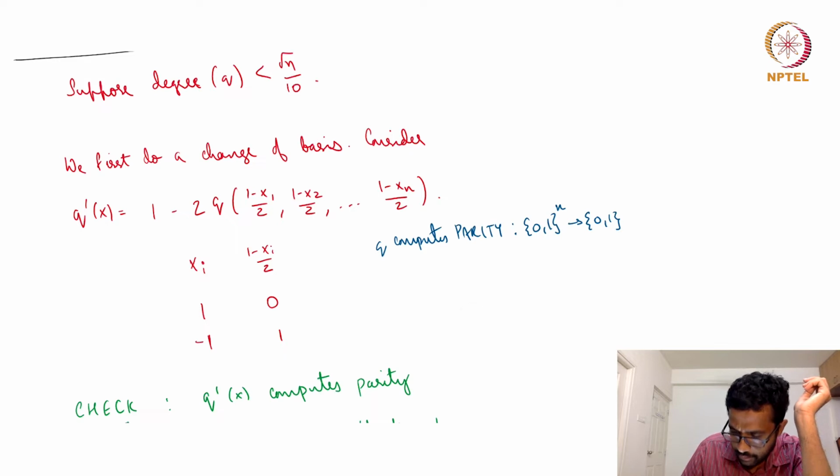Now the claim is that Q prime computes parity on {-1, +1}, or rather maybe I should say the opposite.